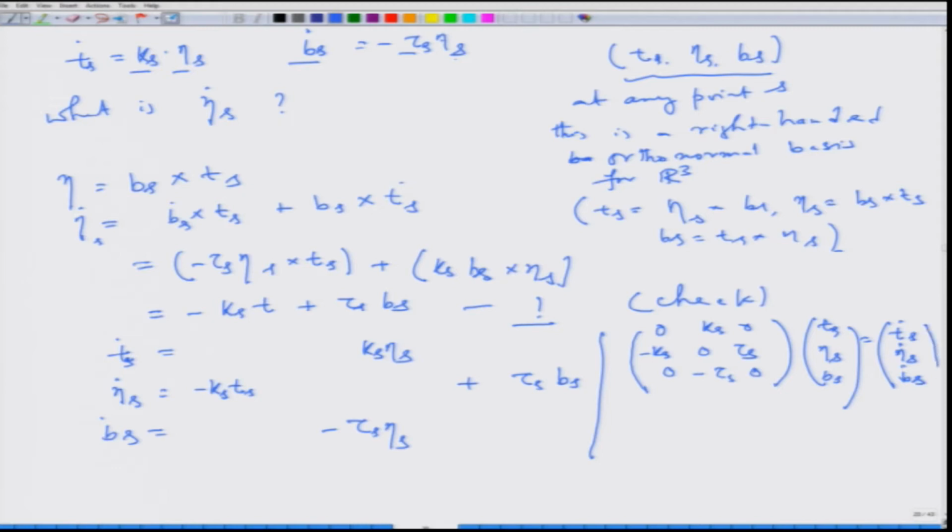So, this is a relation between the vectors T(s), η(s), B(s) at any point and their derivatives, and this is a famous formula called the Frenet-Serret formula, and this will be used to prove the invariance.